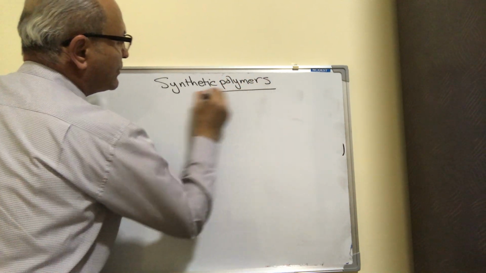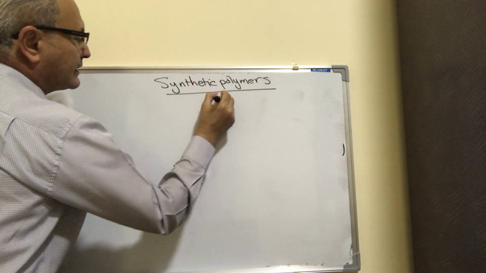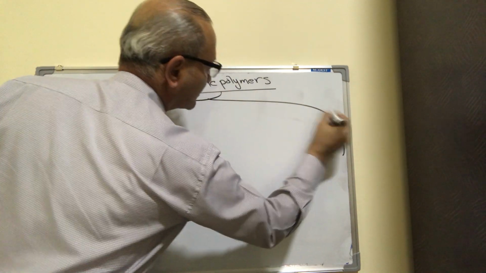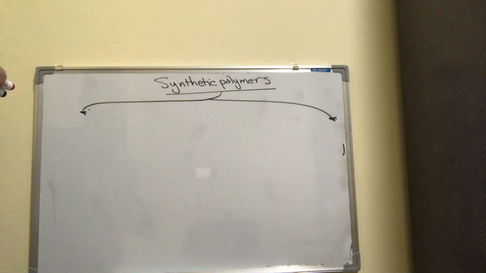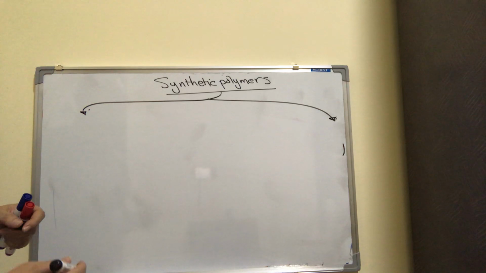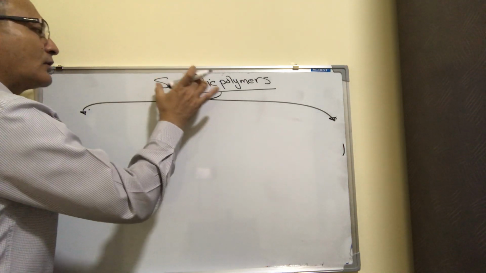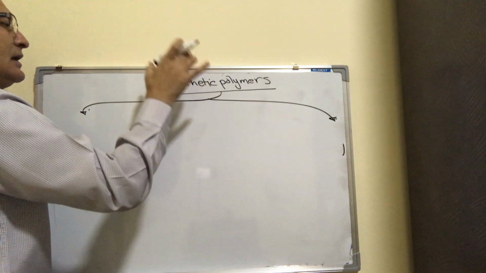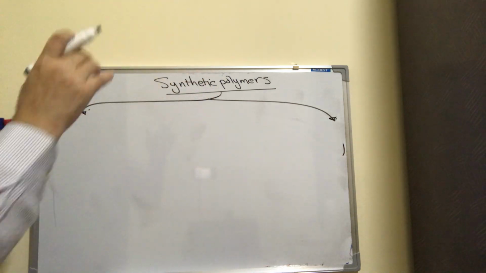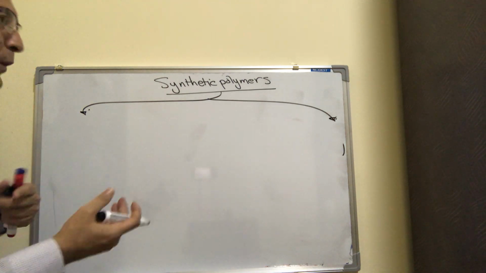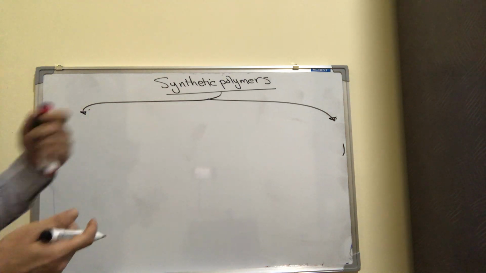These are classified into two types according to the type of reaction used to make the polymer in each case. We are agreed that it is synthetic, so it is man-made. It is made in industry, and by industry you can make too many of these polymers. But what way do you use to produce these polymers?